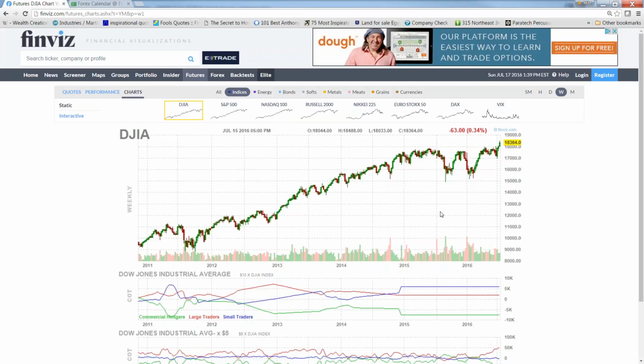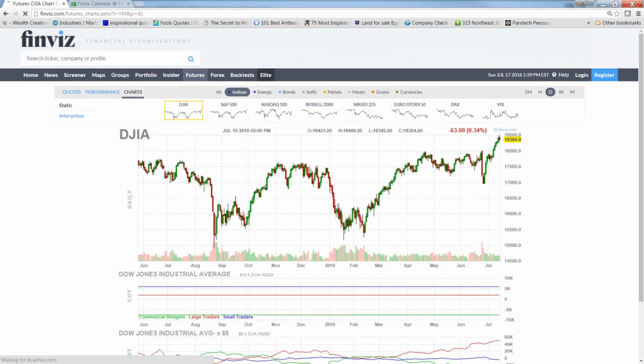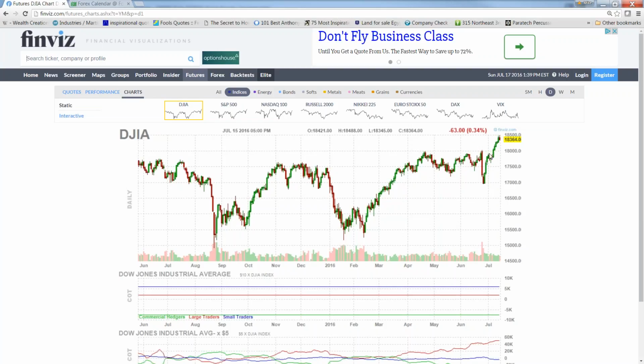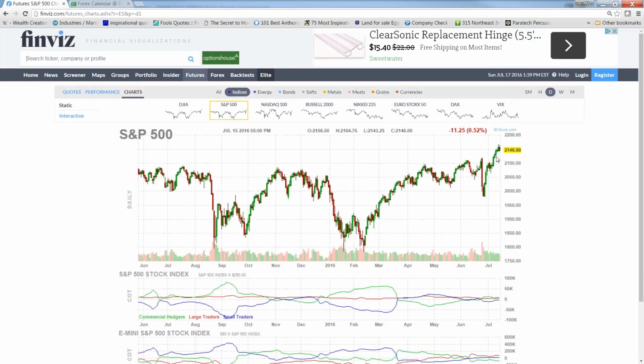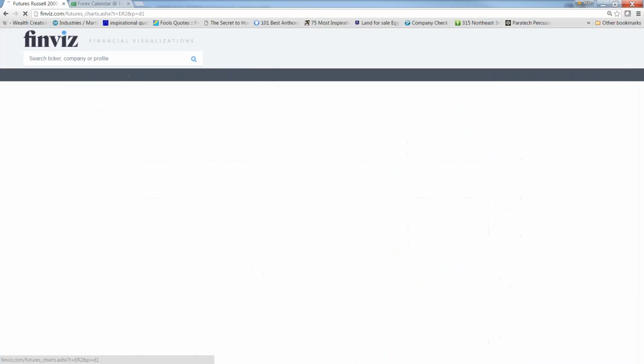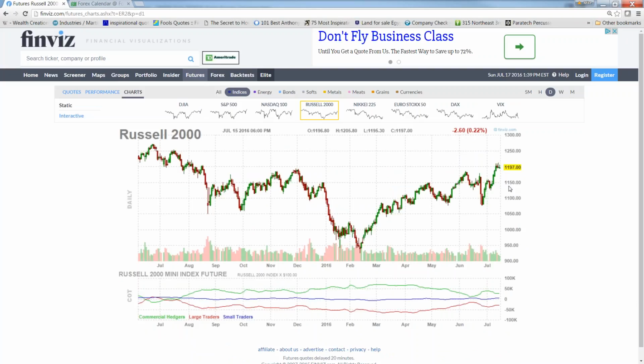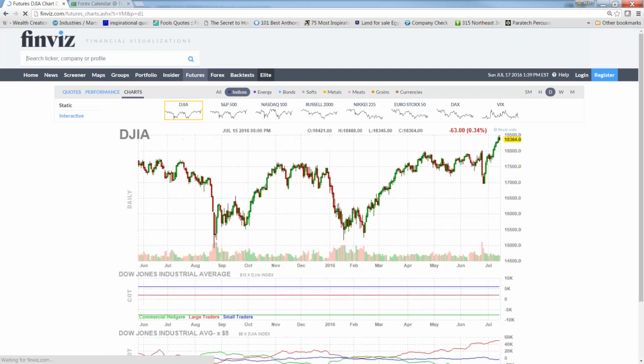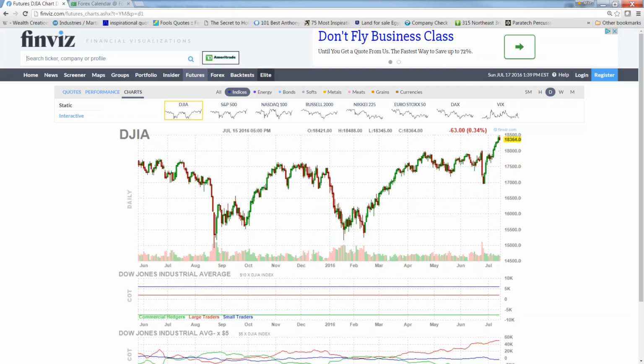So coming back to the Dow and the S&P, as you can see here, when it broke the 18,000, it pushed higher. The S&P, it broke the 21,000, it did the 46. The Nasdaq really is actually coming down. The Russell, same story, is weakening. So what this says to me is they're only buying the Dow, which we call the bellwether, which is your Johnson & Johnson, your McDonald's, the biggest 30 companies in the United States.